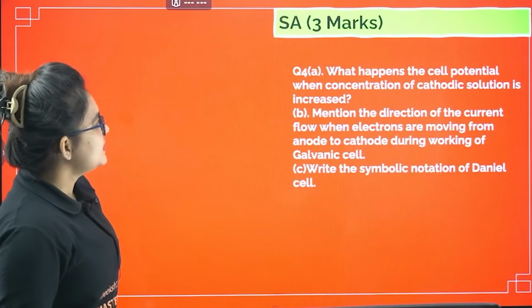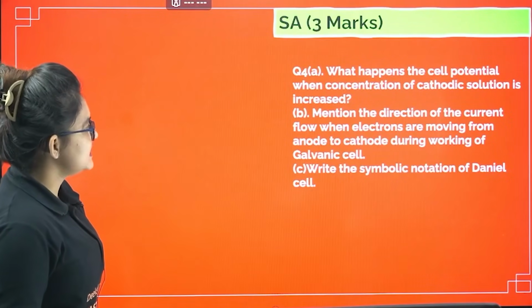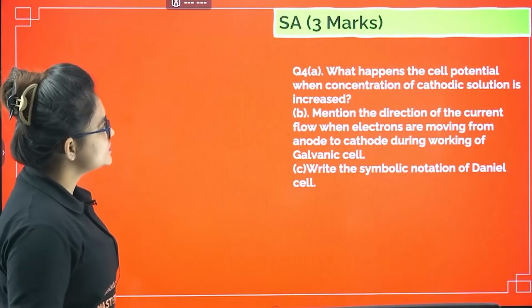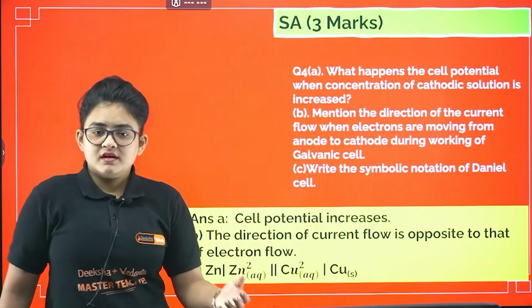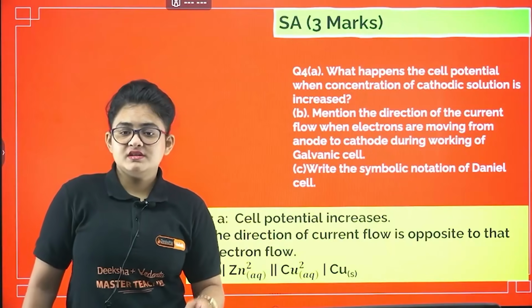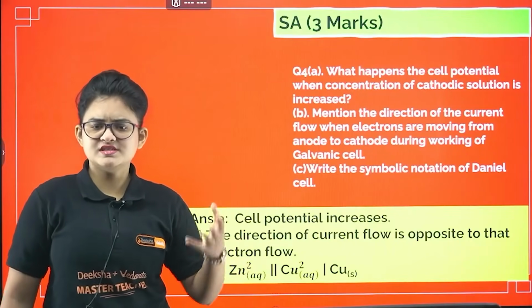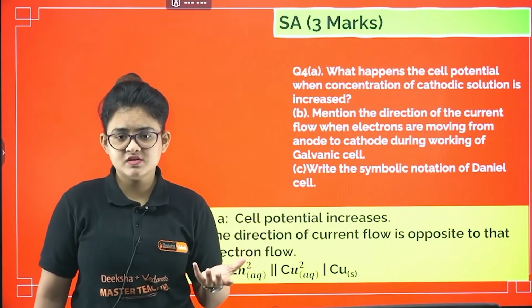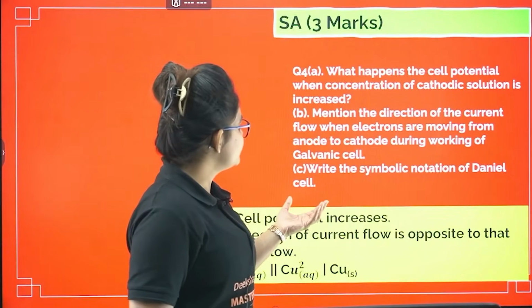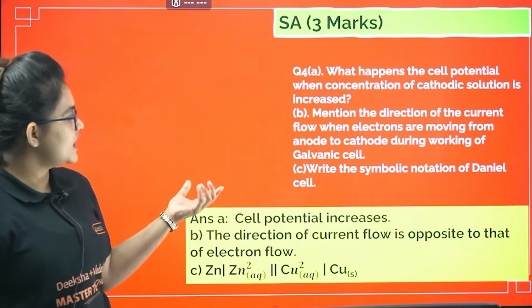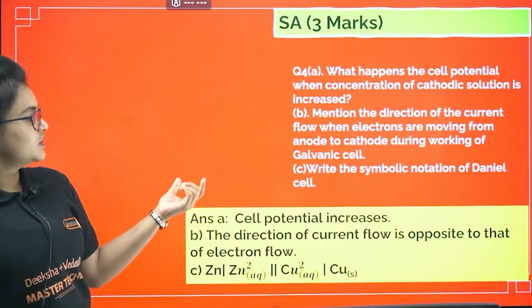Next, what happens to the cell potential when the concentration of the cathodic solution increases? If the concentration of the cathodic solution increases, the cell potential also increases. Next, mention the direction of the current flow when the electrons are moving from anode to cathode during the working of a galvanic cell.